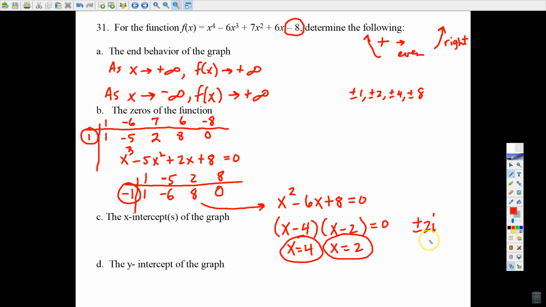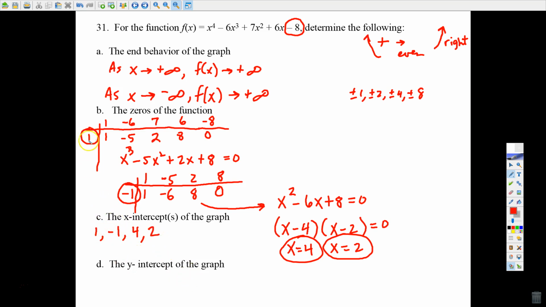There's no way to plot an imaginary number on our real number Cartesian plane. So if I ended up with something like this as zeros, they would be zeros all right, but they would not be x-intercepts. But the way our problem ended up, all 4 zeros are real numbers, so they end up being our x-intercepts.